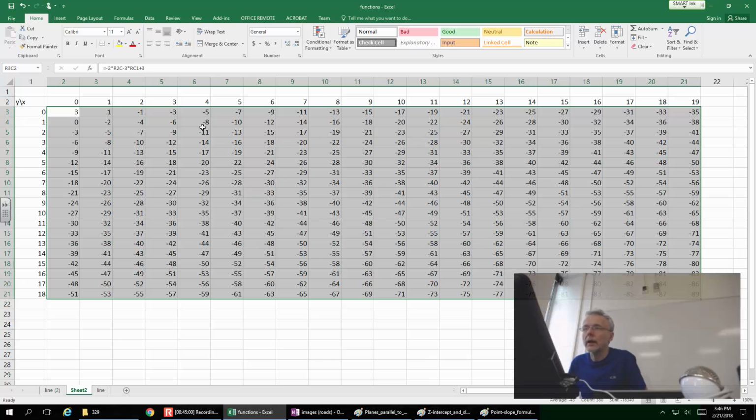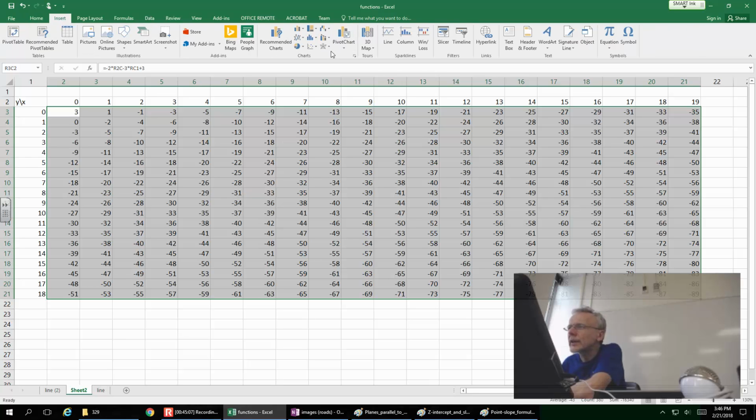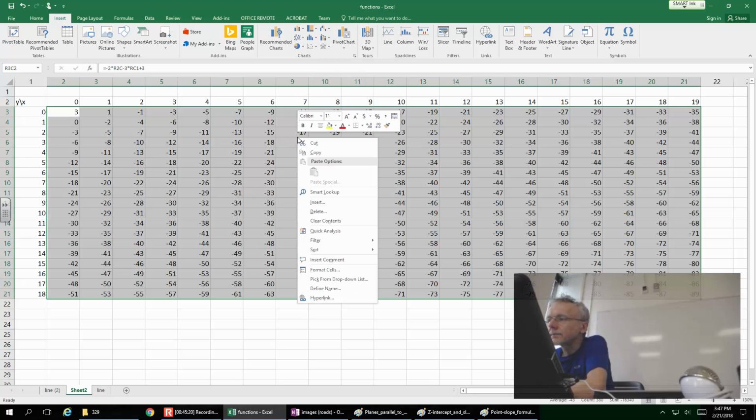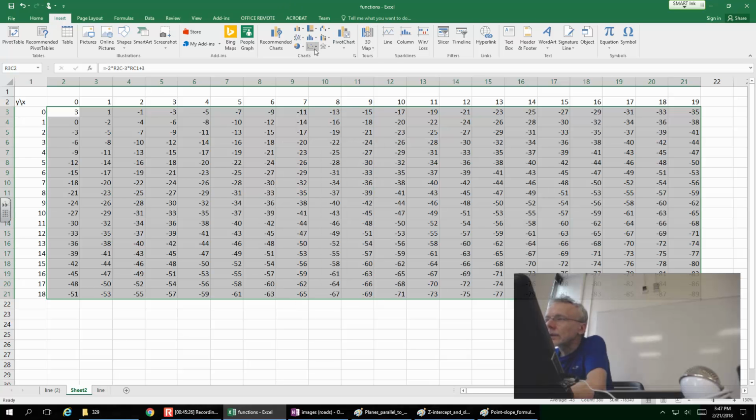Now what remains is to find the chart that will take care of it. They move stuff around excessively, and I don't see where the right chart is.